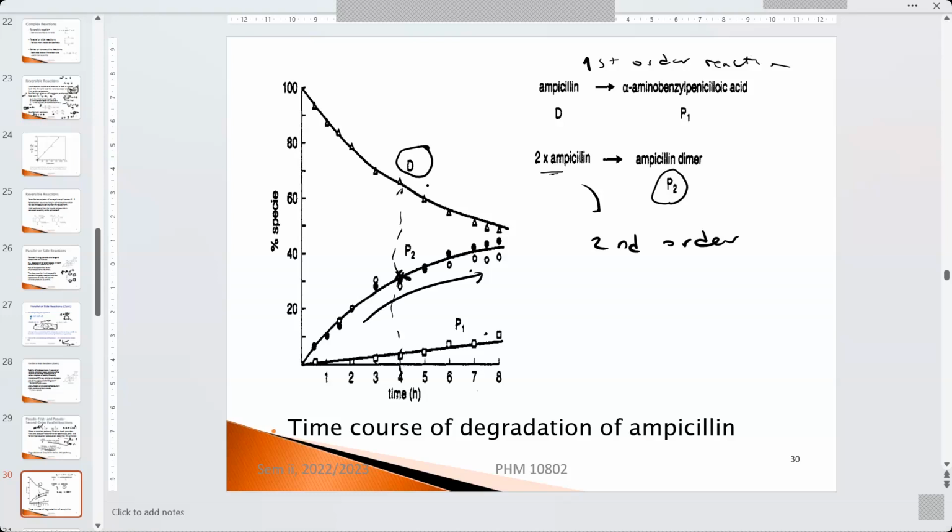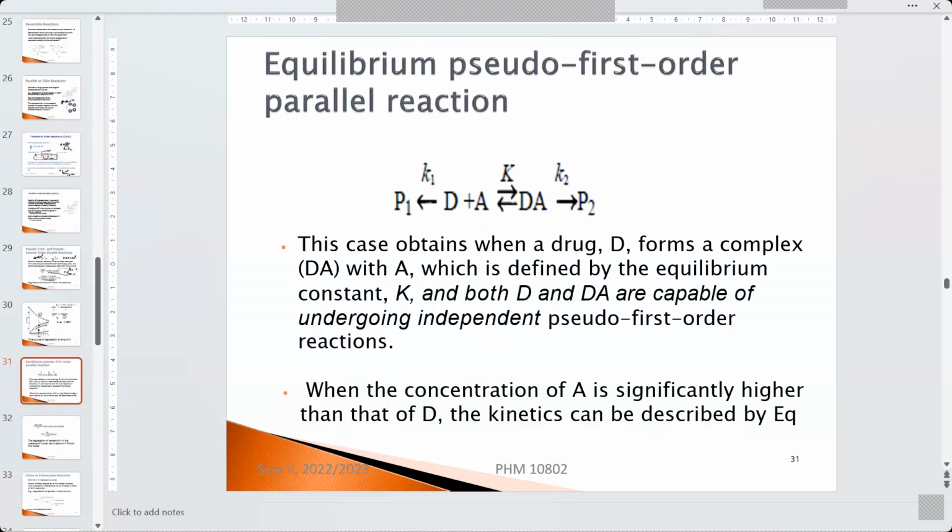You change the sign, of course, from positive to negative, equal to the rate of formation of P2 plus the rate of formation of P1. So this will give you the total. So actually, the total rate of decrease in concentration of ampicillin doesn't follow either pure second order or pure first order. It follows a mixture of both. That's why you call it pseudo first and pseudo second order reaction, parallel reaction.